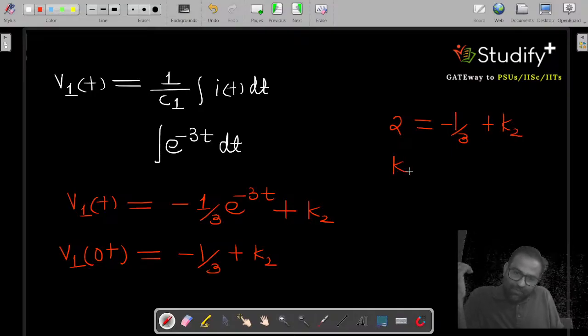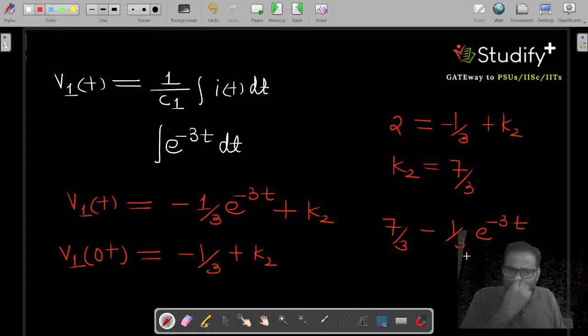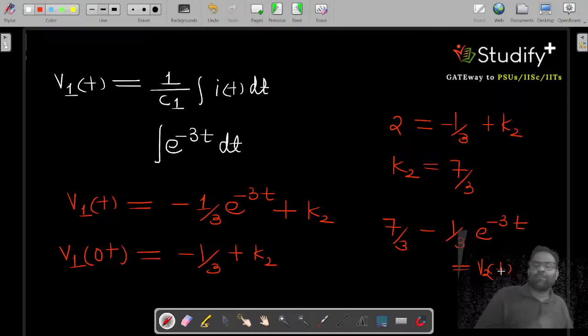So k2 is equivalent to 6 plus 1, 7 by 3. So V1(t) is 7 by 3 minus 1 by 3 into e to the power minus 3t. This is the voltage across C1.